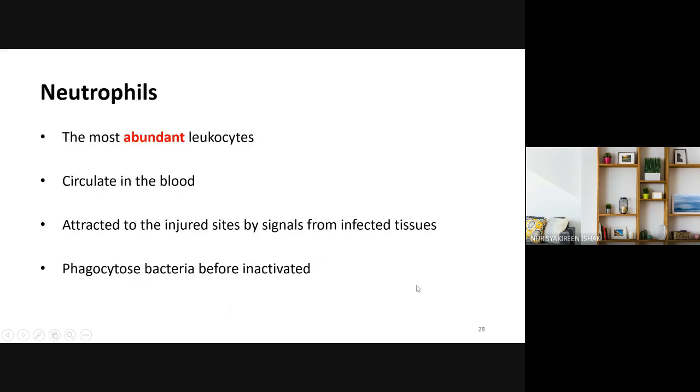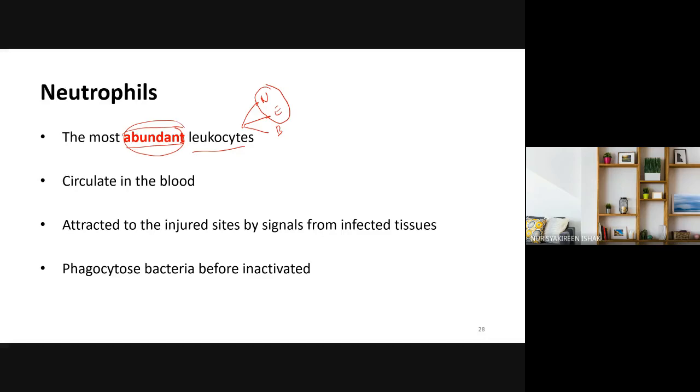Okay, so next is the neutrophil. It is the most abundant leukocyte. Leukocytes, we have four. We have neutrophil, eosinophil, basophil. But the ones that have the ability to engulf are these two, neutrophil and eosinophil. So when you are sick, for example in the lab, there is a microscope slide of blood cells.